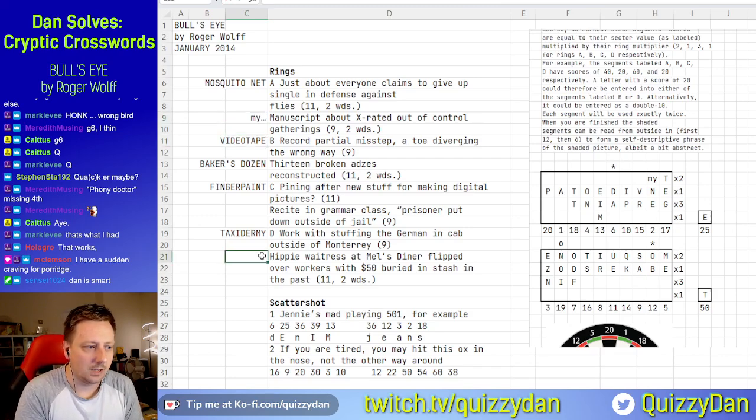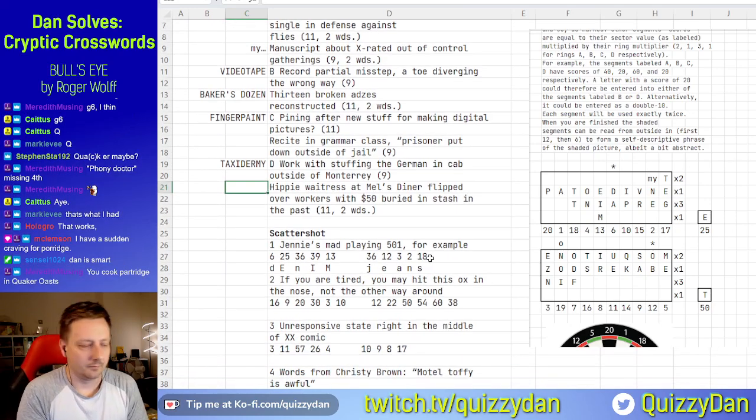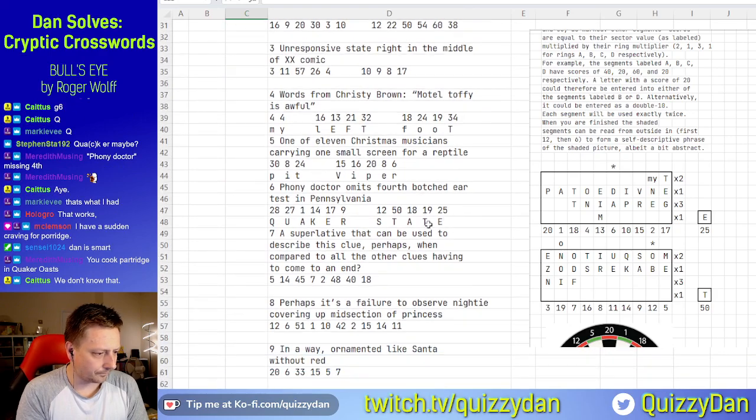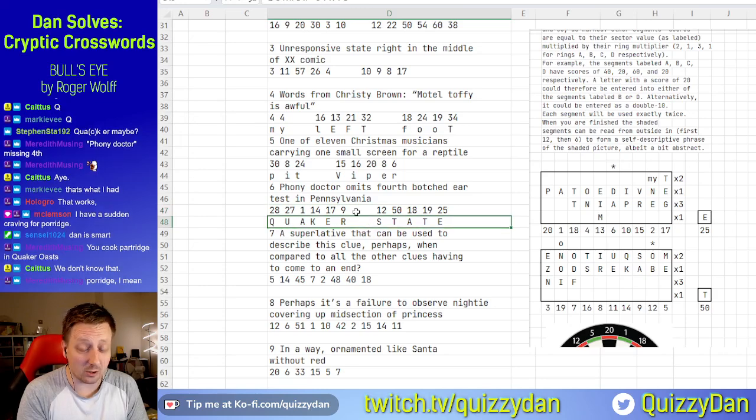Interesting. Out of control gatherings. Again, I'm just going to ignore what these equivalences go to, really, to be honest, and just hopefully put some more letters in when we've got more in.